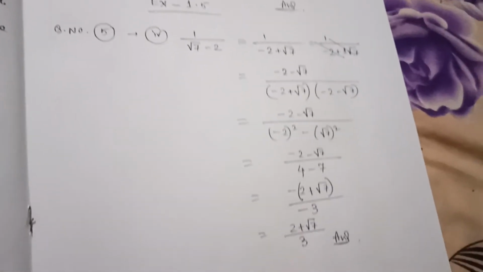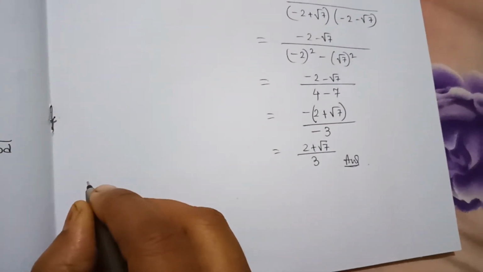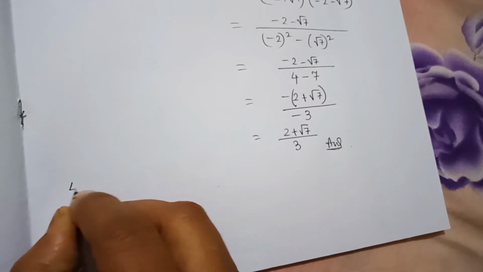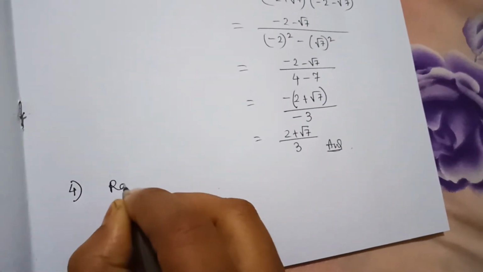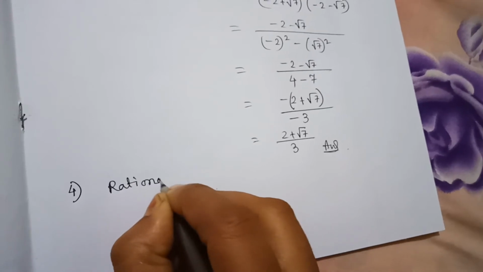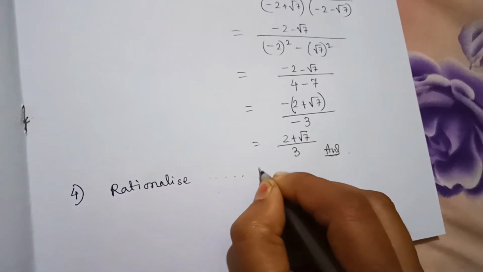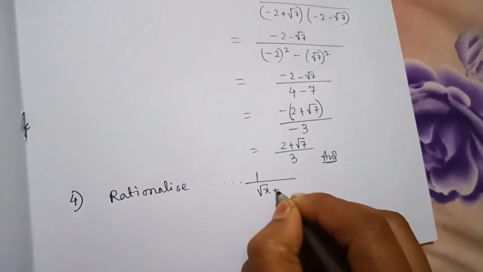Now we will be going to the next category. It was number 3, so it's number 4 now. Number 4, the category is: rationalize the denominator of 1 by root x plus root y.